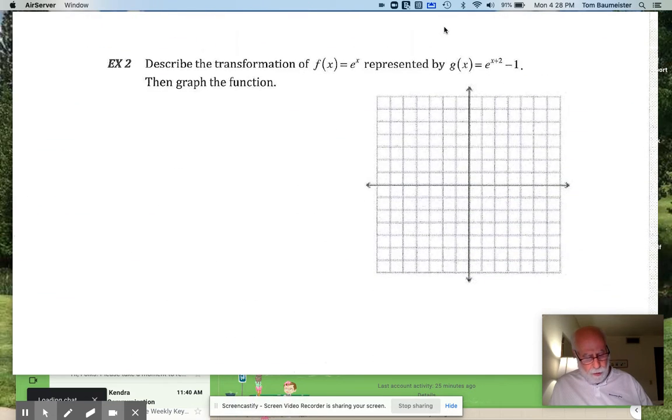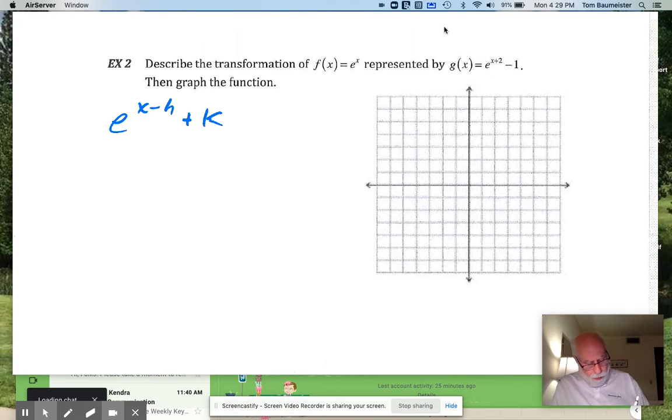Okay, so our next example: describe the transformation of F of X is equal to E raised to the X power, represented by G of X is equal to E raised to the X plus 2 power minus 1. So what we have to remember is our general formula would be E raised to the X minus H power plus K. If we look at the one we have here, we have X plus 2.